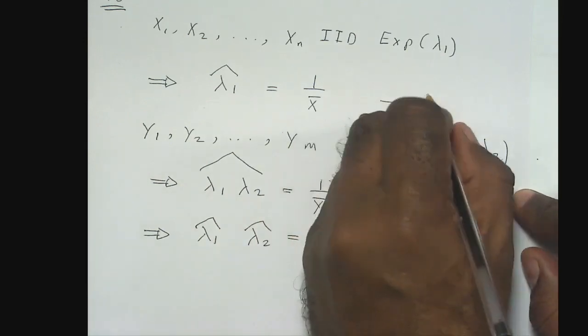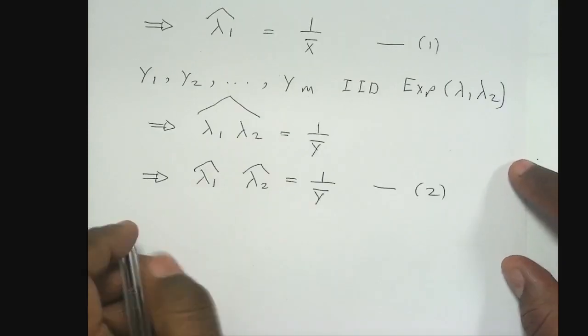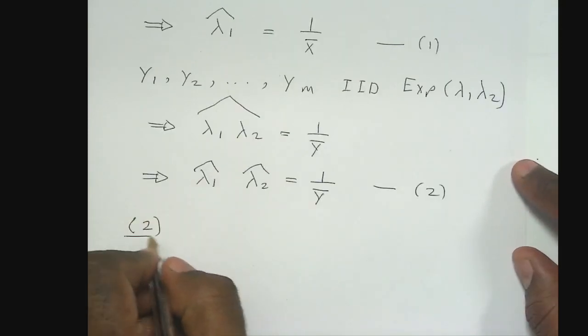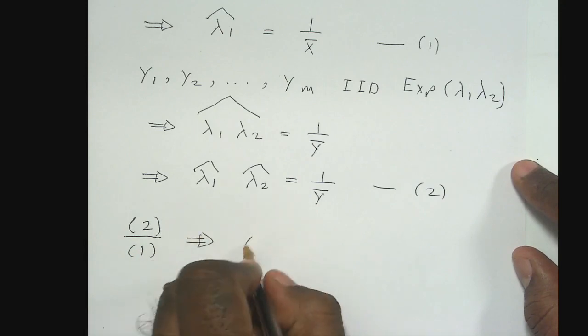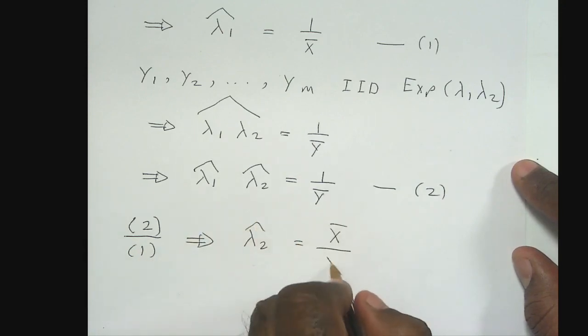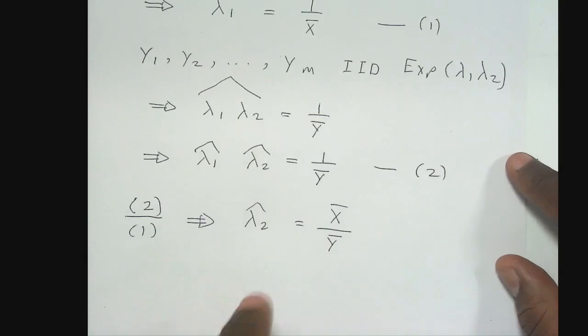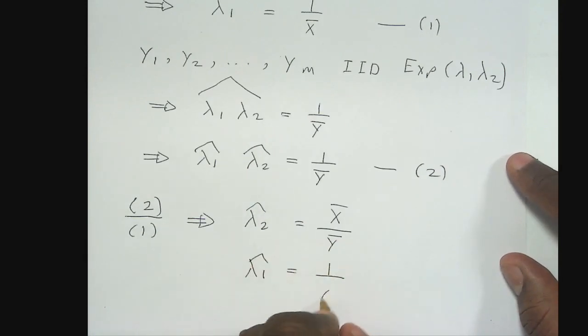Call this 1, call this 2. Now, if you divide equation 2 by equation 1, we get lambda 2 hat is equal to x bar divided by y bar, and lambda 1 hat is of course equal to 1 divided by x bar.